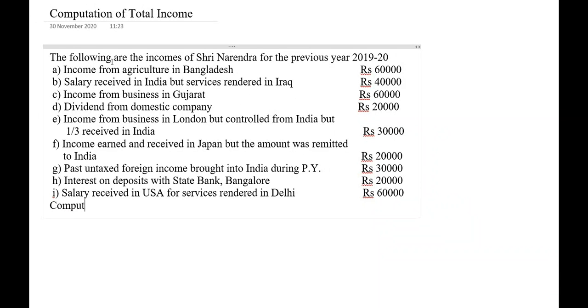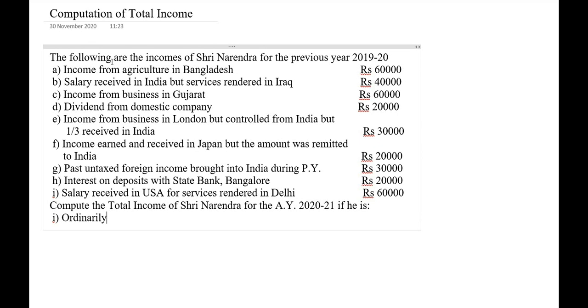So compute the total income of Shri Narendra for the assessment year 2021 if he is number 1, ordinarily resident; number 2, not ordinarily resident; number 3, non-resident.